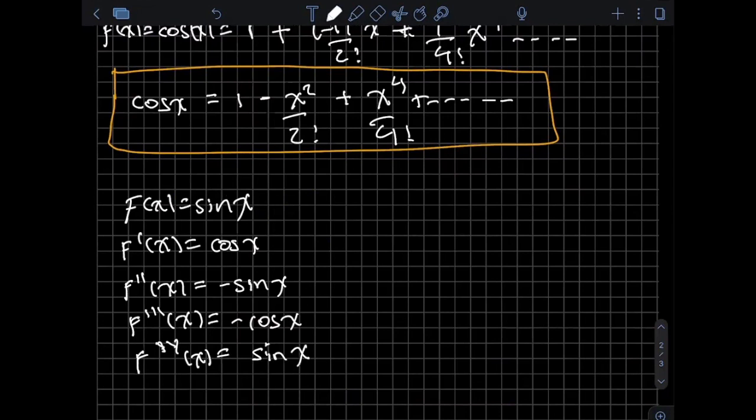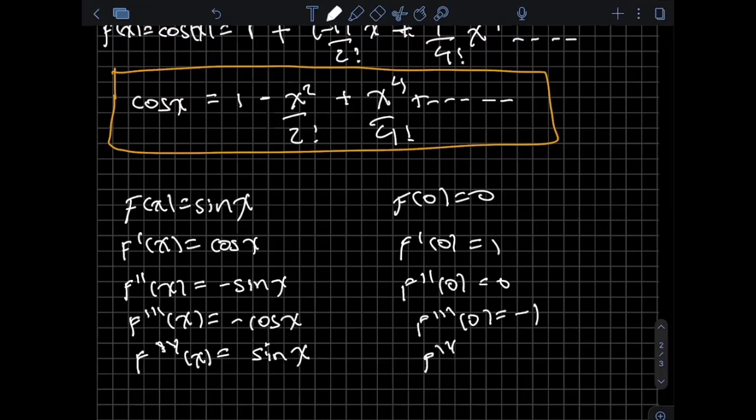And their respective values evaluated at x is equal to 0 are f of 0 is 0, f prime of 0 is 1, f double prime of 0 is 0, f triple prime of 0 is negative 1, f fourth prime of 0 is equal to 0.